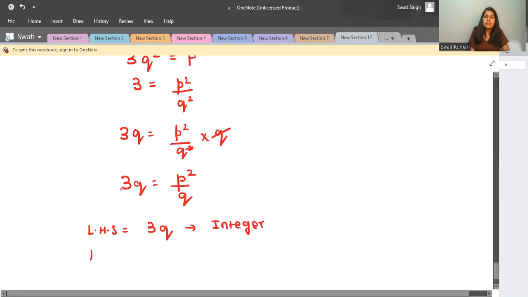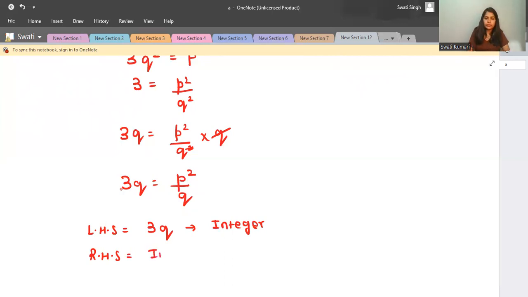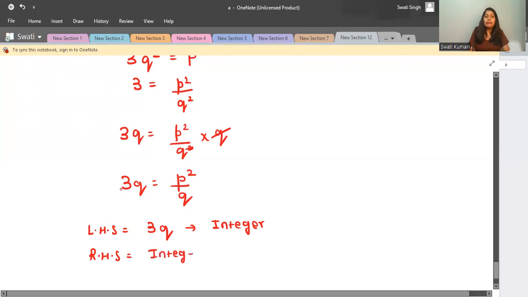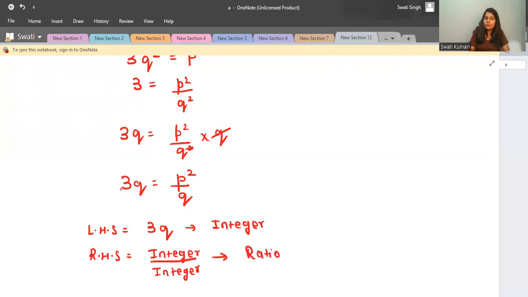Now let us check the right hand side. On the right hand side, we have p square, which is an integer, and we have something in the denominator also, which is q, which is again an integer. But you know that when we have integer upon integer, that is nothing but a rational number.